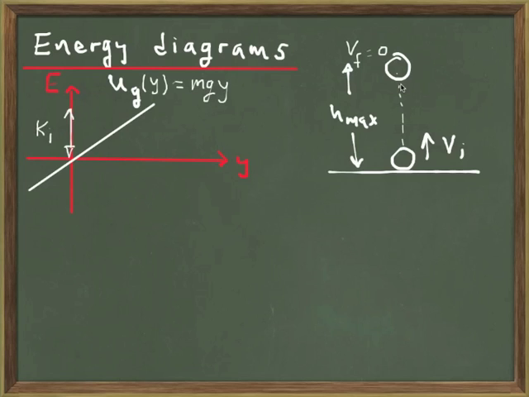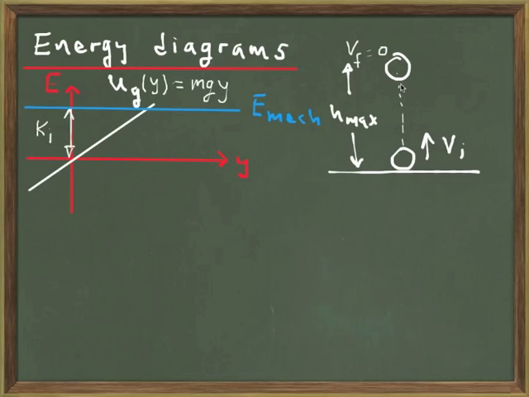Now suppose that I give that ball some initial kinetic energy at the bottom. It has some initial velocity, and there is a kinetic energy corresponding to that initial velocity. Suppose I give it this much kinetic energy. Because we know that there is energy conservation, the energy of the ball at the beginning should be equal to the energy at any location on the vertical axis.